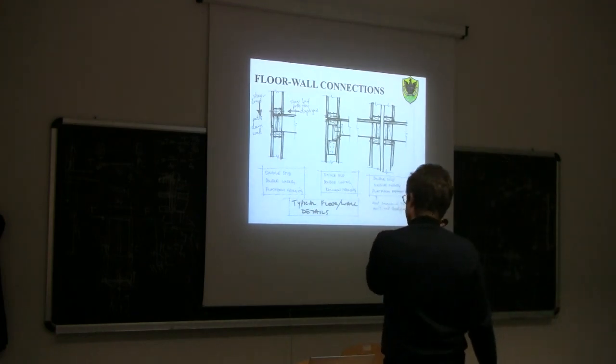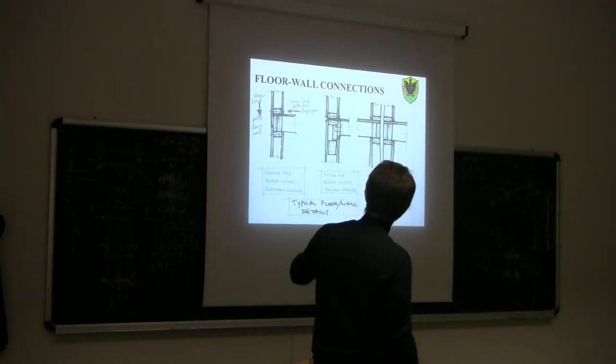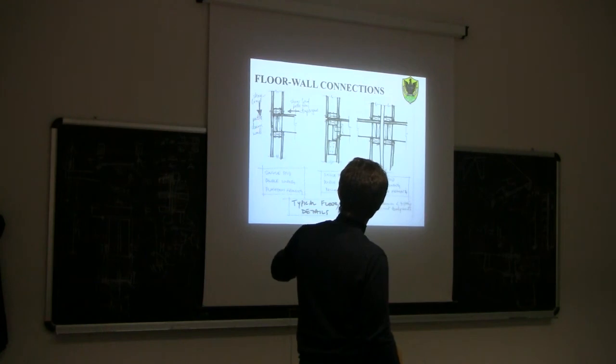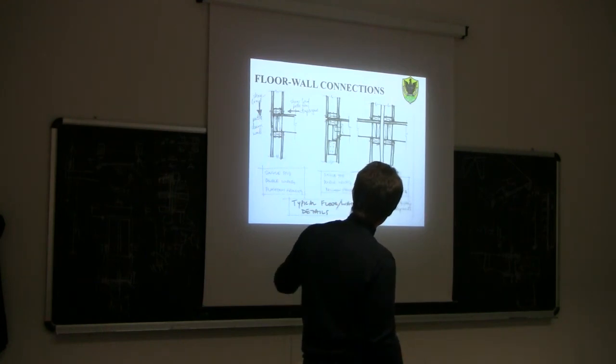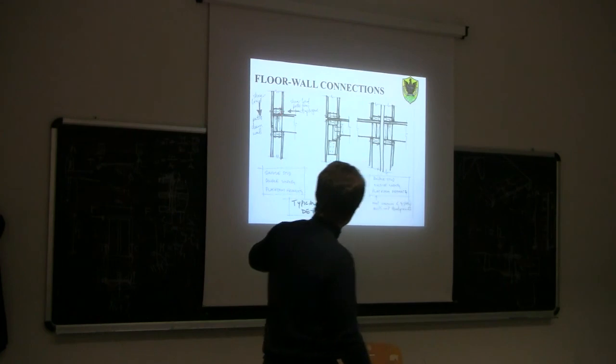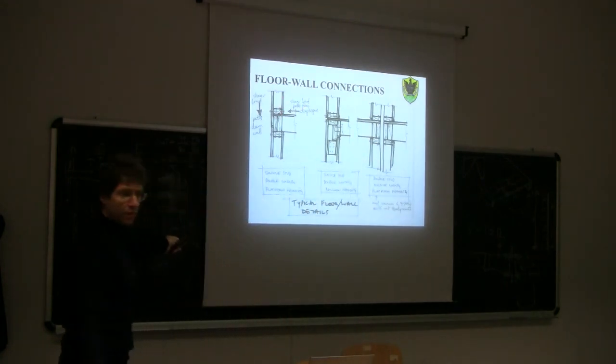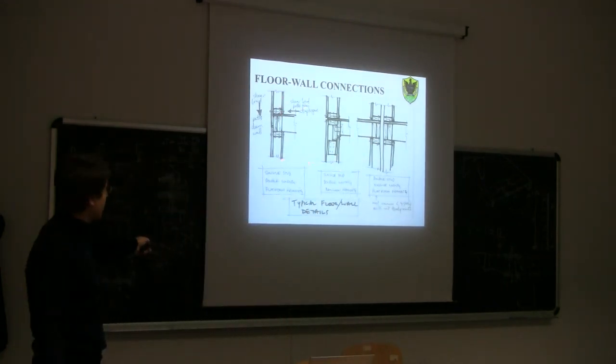Some details. This is what we said before is called platform framing. In platform framing, as you can see, there is a lower wall, then there is a floor, and then the upper wall is supported above the floor. In the inner solution, you can see what is called balloon framing.